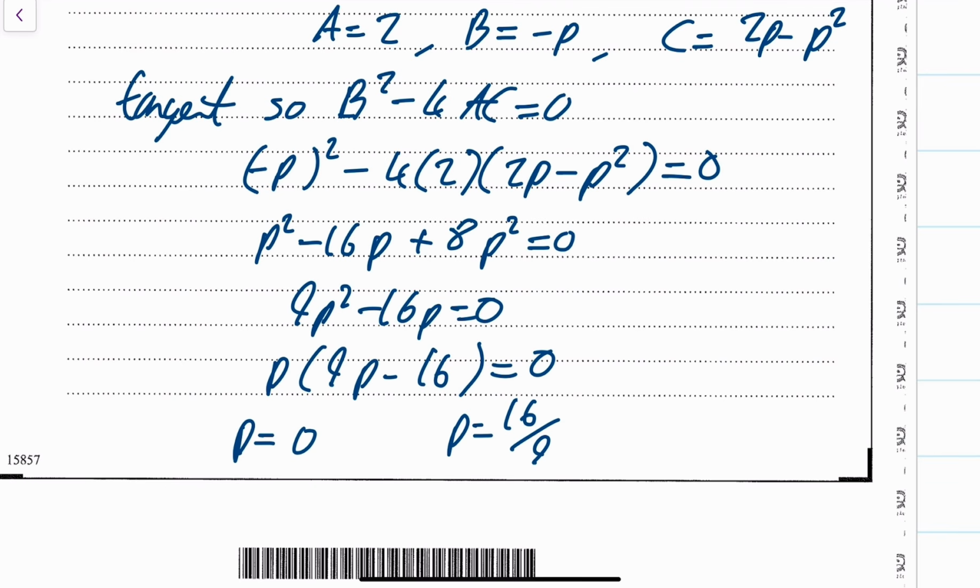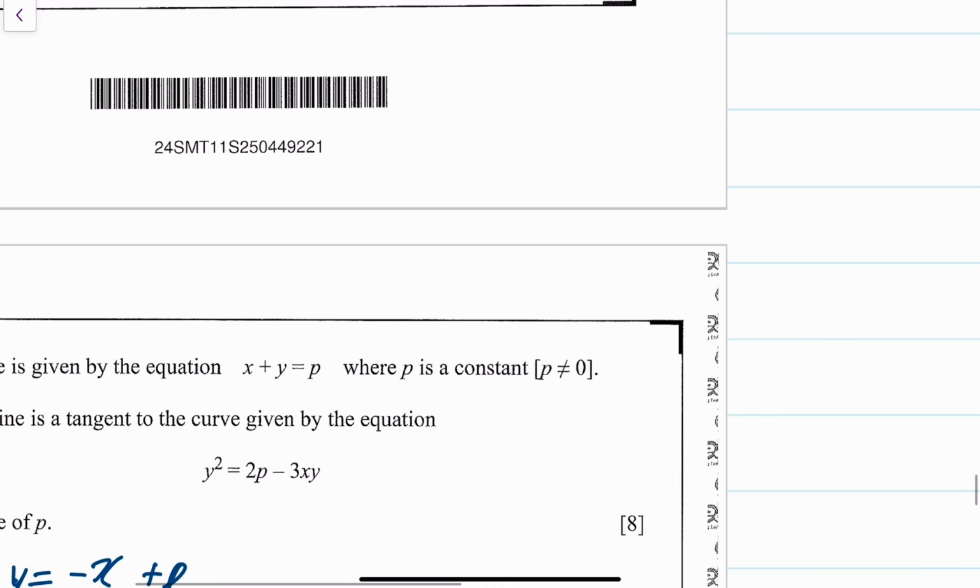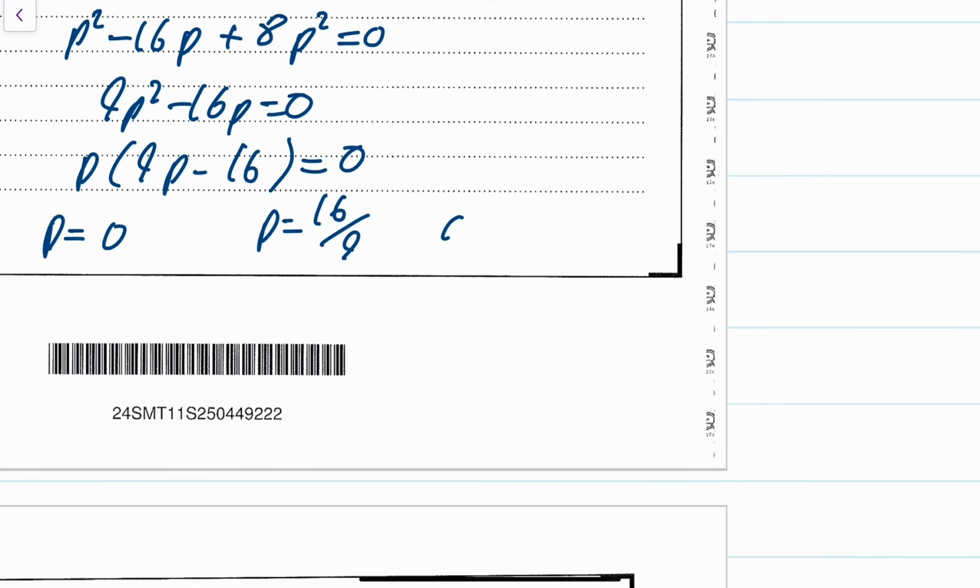And I think that's the only one that's going to work. Yes, it says in the question, p is not equal to 0. So your answer, apologies for any mistakes, is 16 over 9, which is 1 and 7/9.